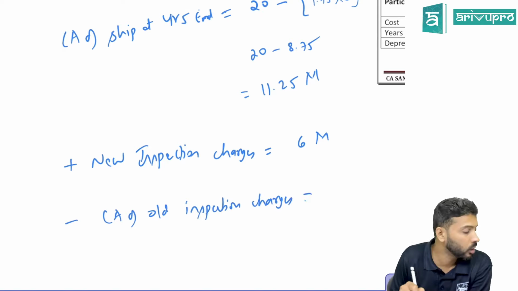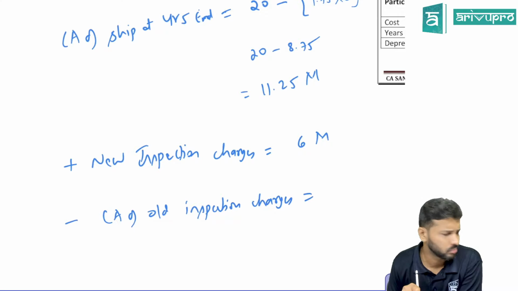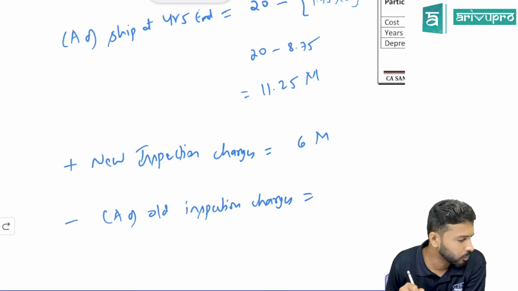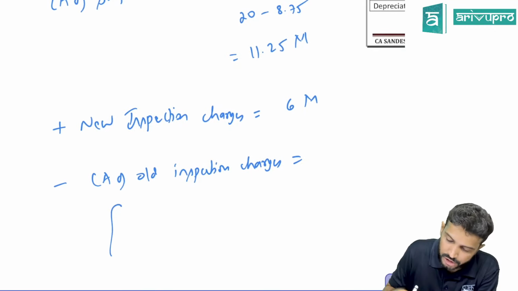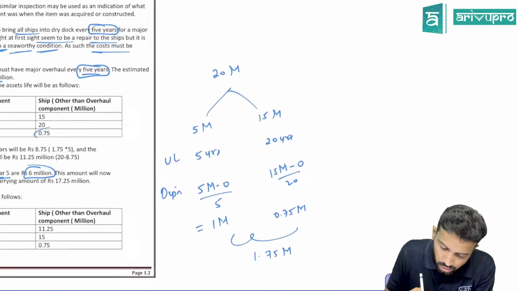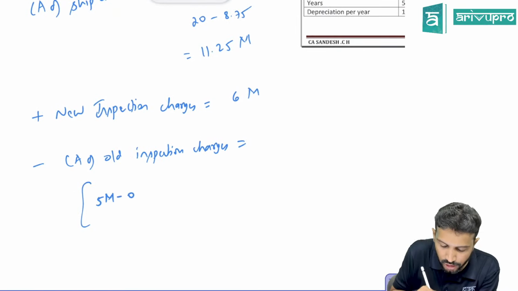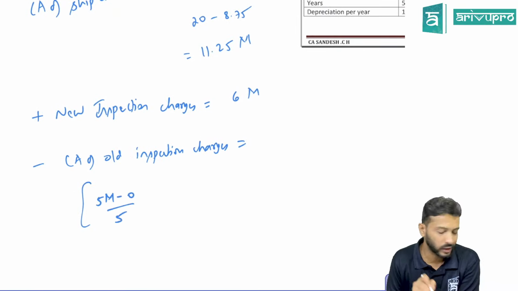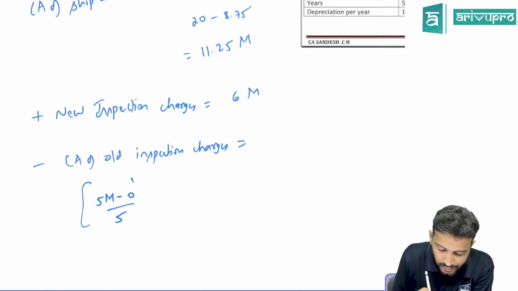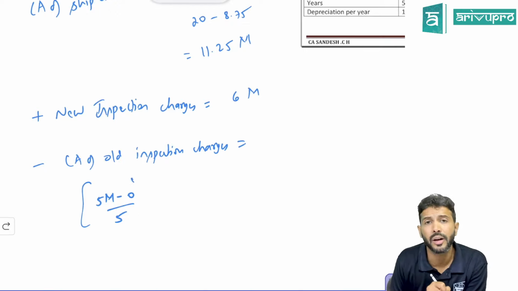First of all, do the old inspection charges have any carrying amount remaining, or are they fully depreciated? It's fully depreciated. How? Check here. Old inspection charges you incurred 5 million. Its residual value is 0. Life of the inspection charges is only 5 years. If you do this, you will get the depreciation for 1 year.